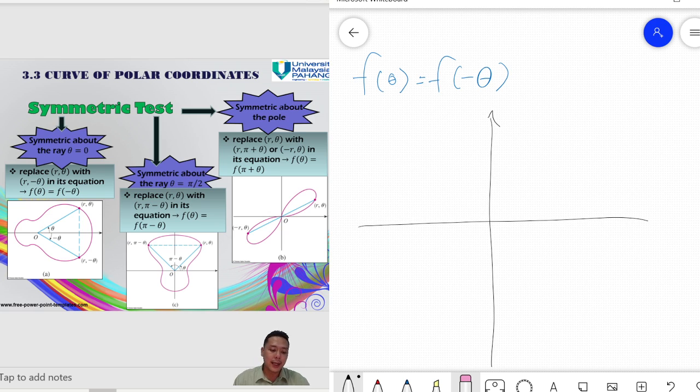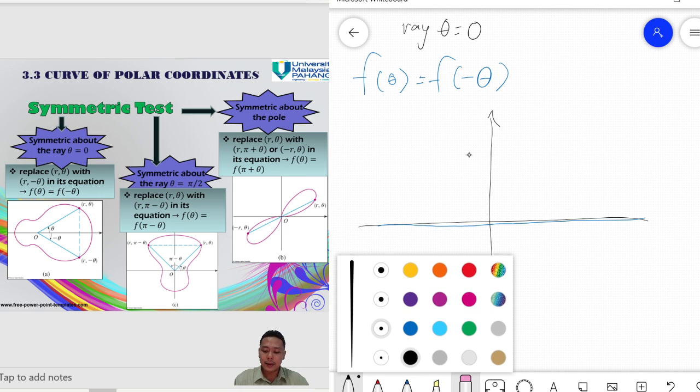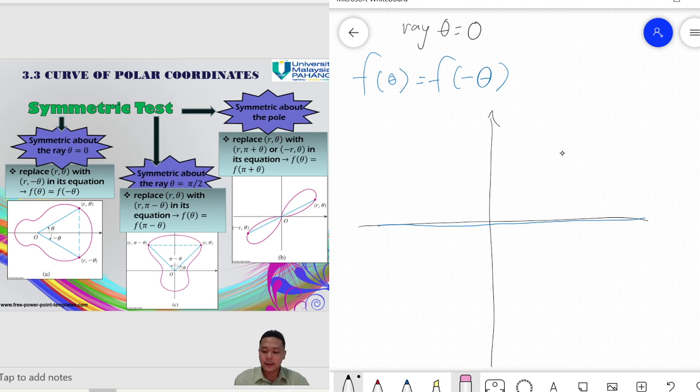Okay, if the ray is 0, so ke x-axis lah. Okay, imagine there's a point here. If it is symmetric with ray theta equals to 0 or x-axis, this is the angle here. Where will be the symmetric point?